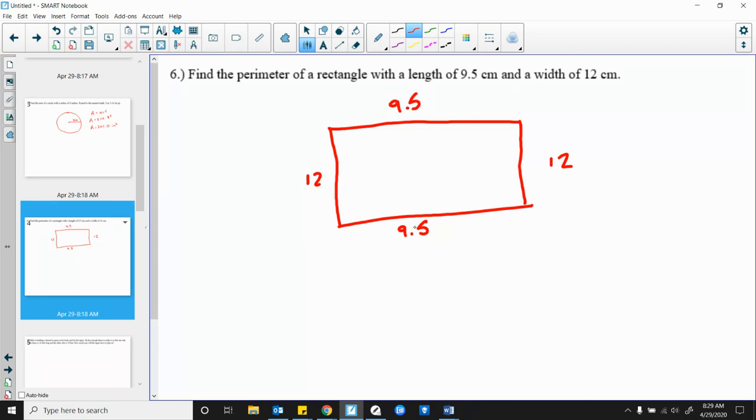So if I add my 9.5 and my 9.5, I get 19. And if I add my 12 and my 12, I get 24. And if I add my 19 and my 24, I get 43. So my perimeter is 43 centimeters.